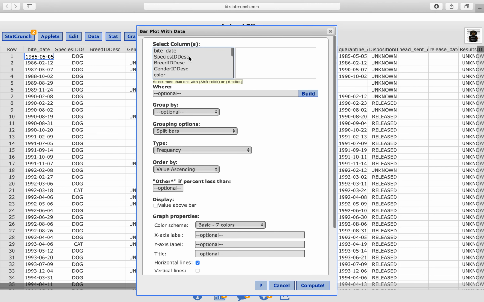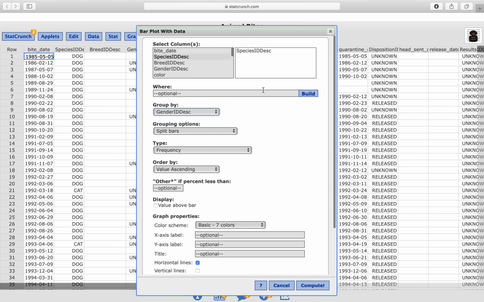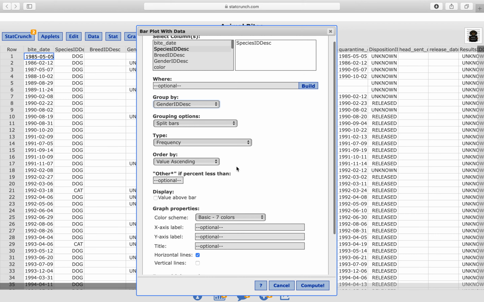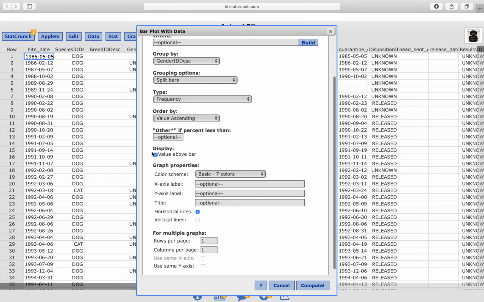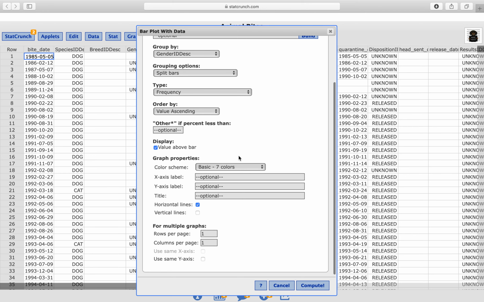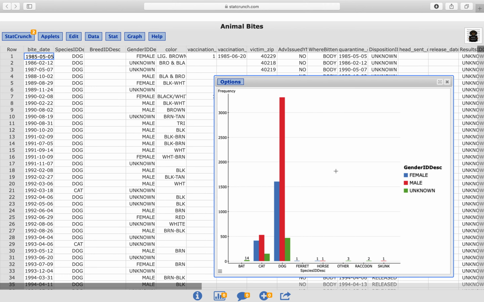We want to use species again, but this time we're going to split the species into male and female. When we want to split something, we use Group By. If we group by gender, it's going to split each of our species into the male, the female, and the unknown. If you want to, you can put the value on the bar, which will show you how many are in each column. Then go ahead and hit Compute.